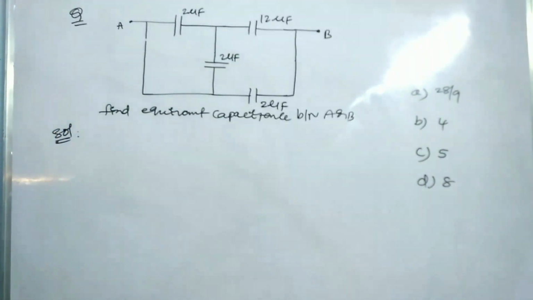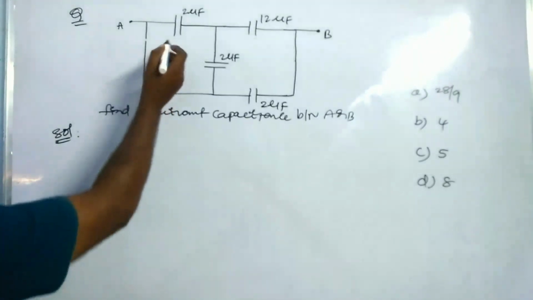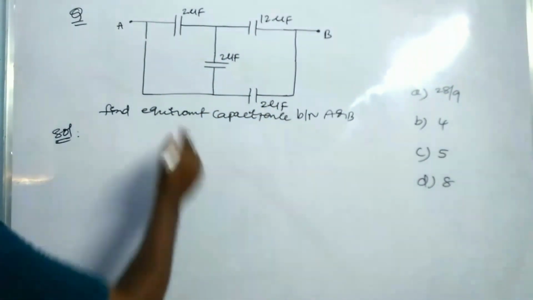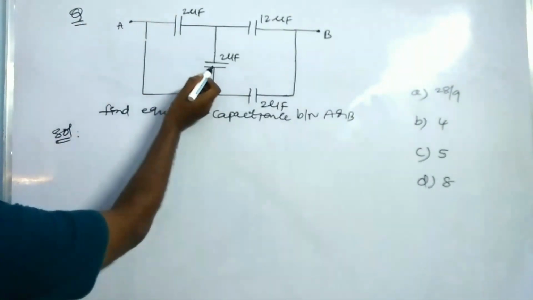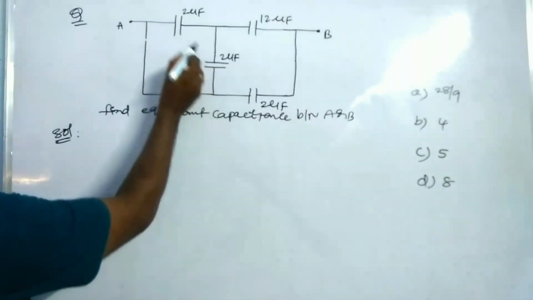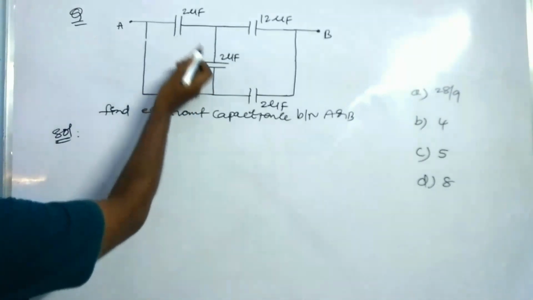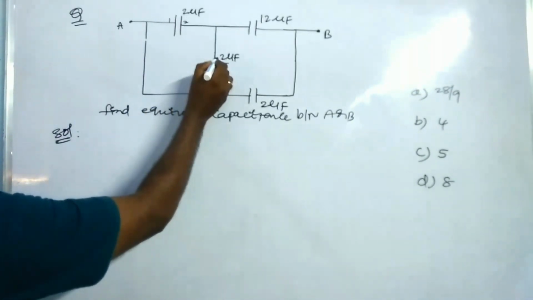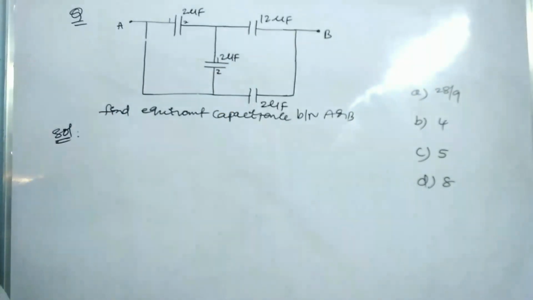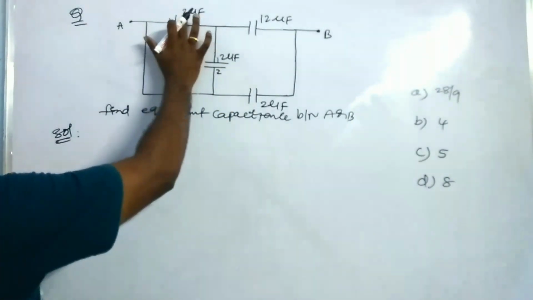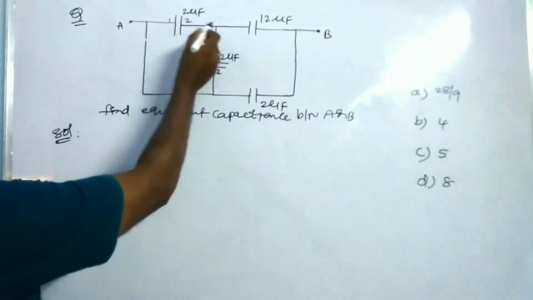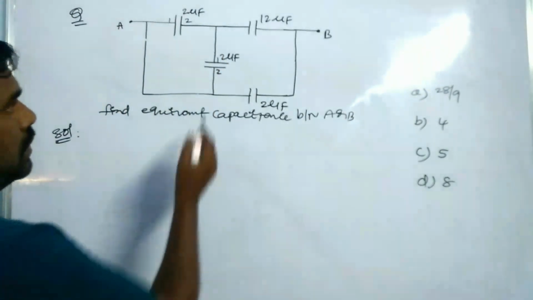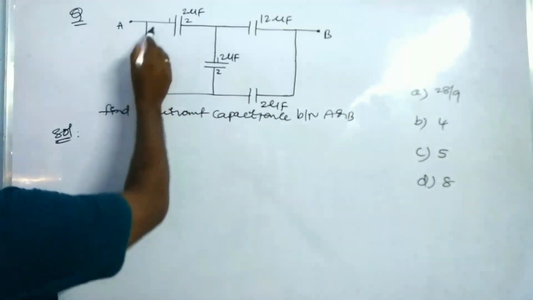Try for it. Here there are 4 capacitors. First we have to look at this capacitor and this capacitor. This is the first end and this is the second end of the capacitor. The second end of the first capacitor is connected to the second end of the second capacitor, and the first end to the first end.